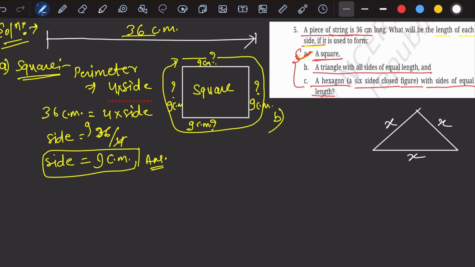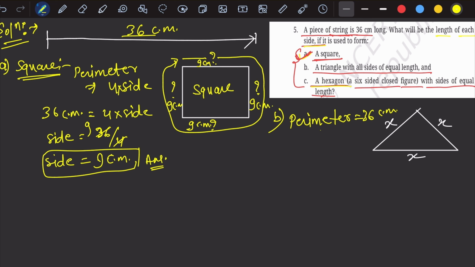Now we are taking the same string of 36 centimeters, so what will be the value of perimeter? Perimeter will be 36 centimeter. Why? Because the string is the same. In case of square, triangle, or hexagon, we are using the same string.